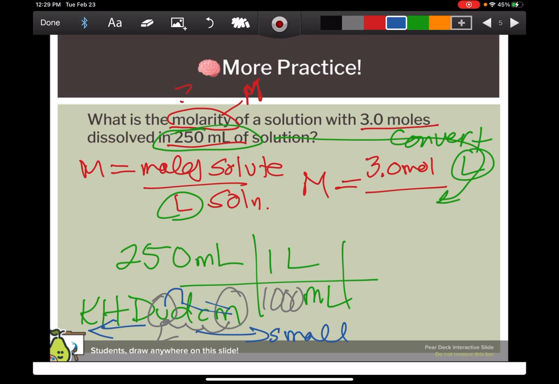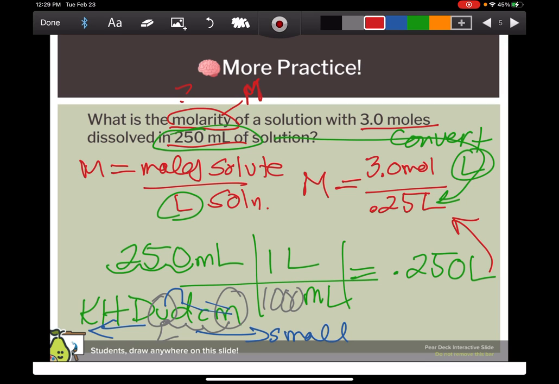That means 1,000. So I need to take that 250 milliliters divided by 1,000, which means move the decimal 1, 2, 3. So guess what? 0.250 liters is what's going to go up here to finally solve it.